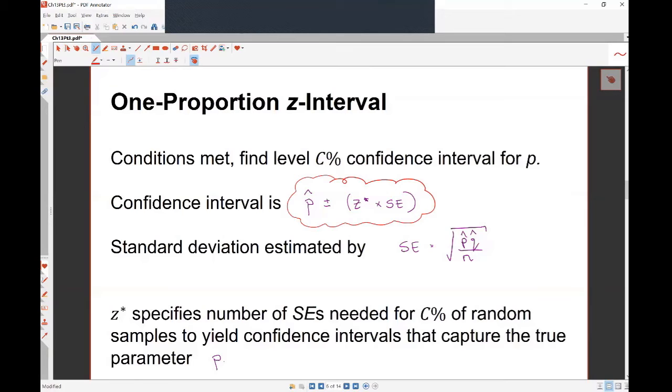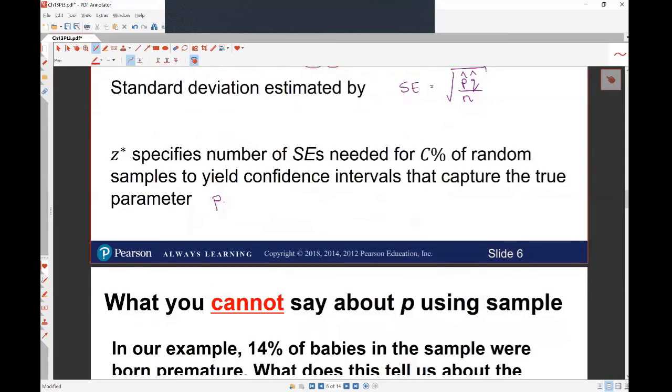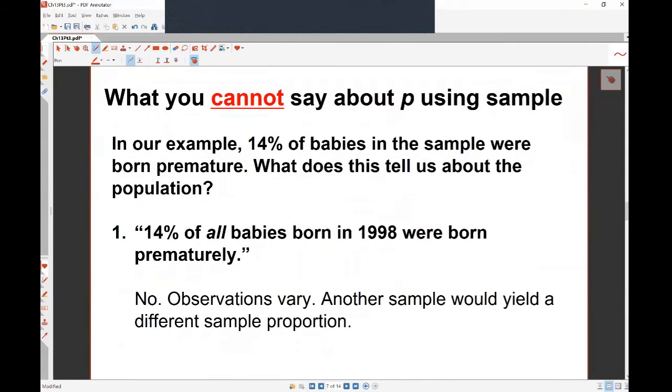Now, this is worth spending just a few minutes digging a little deeper. What can we say and what can we not say about the population proportion P when we use a sample? In the illustration that we started with, we said in a sample of 100, we found that 14% of babies were born premature.